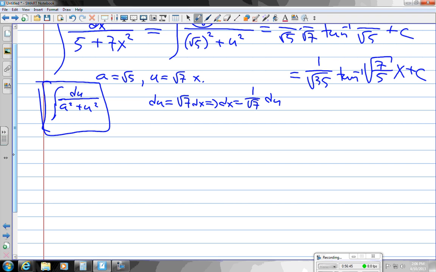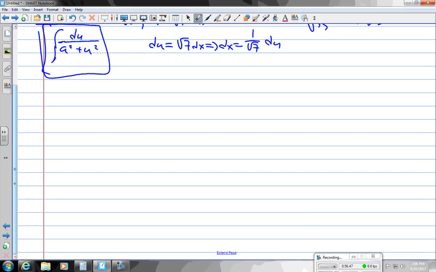Okay, let's try this example. So this is a little more fun. Trying to integrate dx over the square root of e to the 2x minus 1.